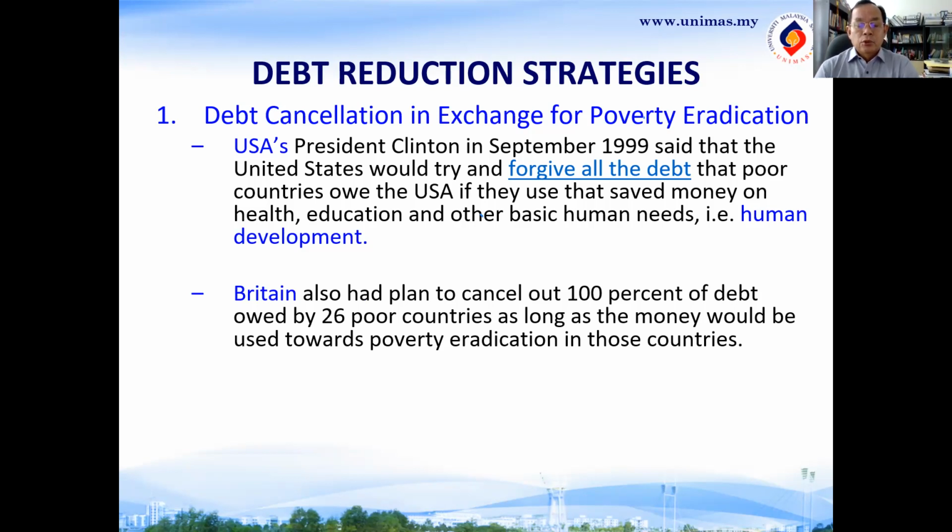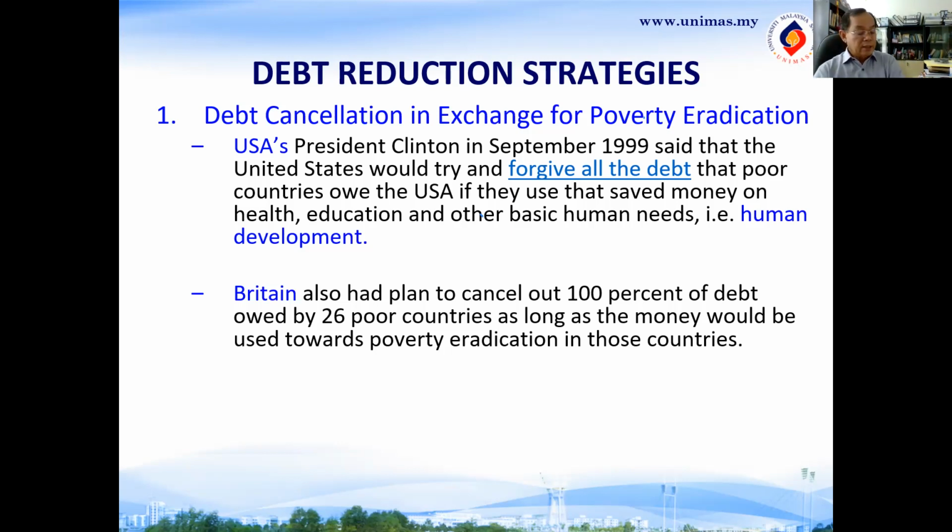So they also had planned to cancel out 100% of debt owed by 26 poor countries, as long as the money would be used towards poverty eradication in those countries. Okay, willing to cancel out the debt.